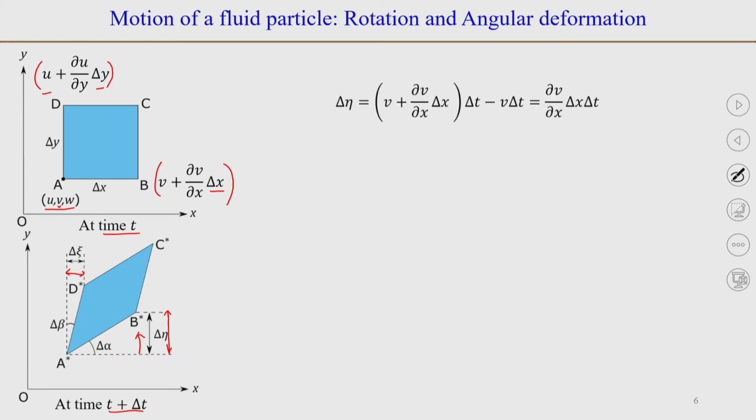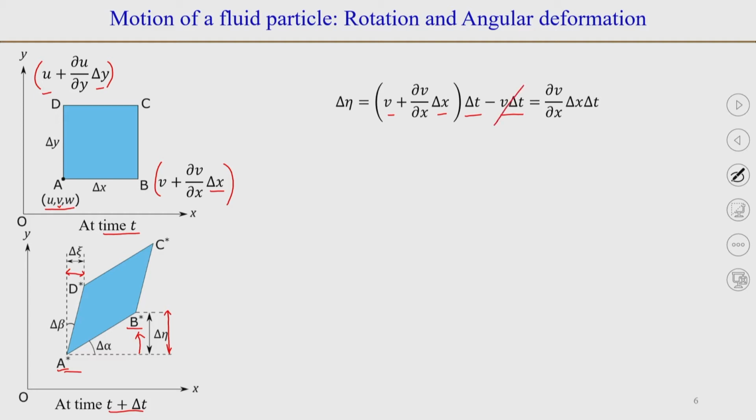So, delta eta is the difference between the distance travelled in time delta t by point B and point A. So, the distance travelled in the y direction by point B will be v plus delta v by delta x into delta x, multiplied by delta t, minus the distance travelled by point A in time delta t, which will be v delta t.